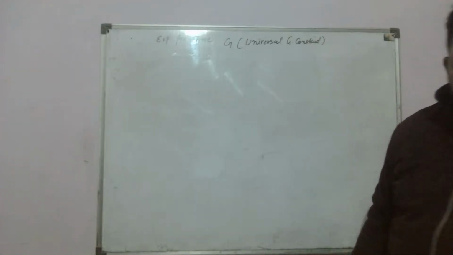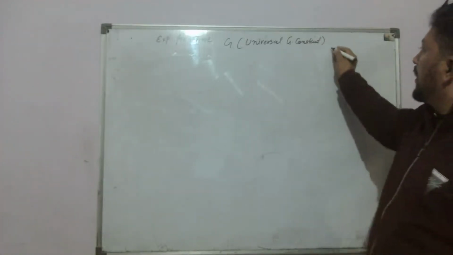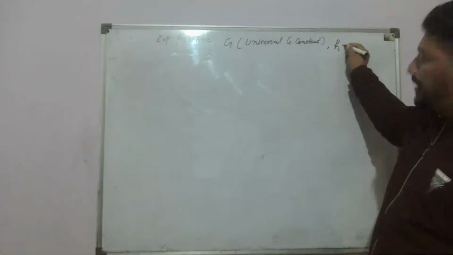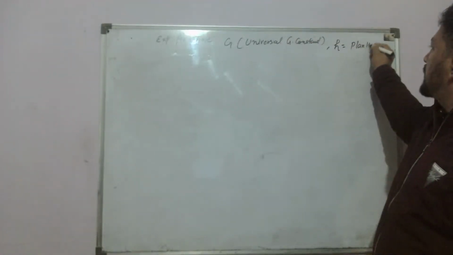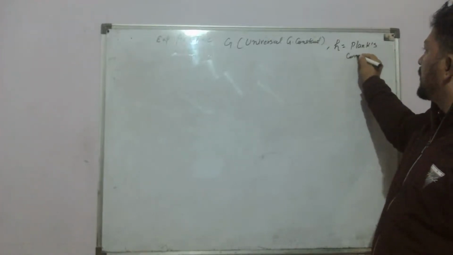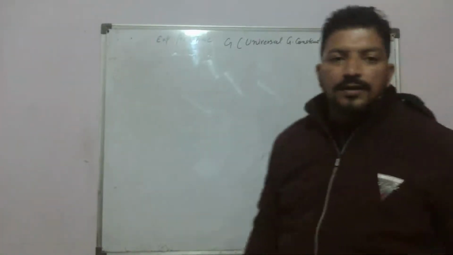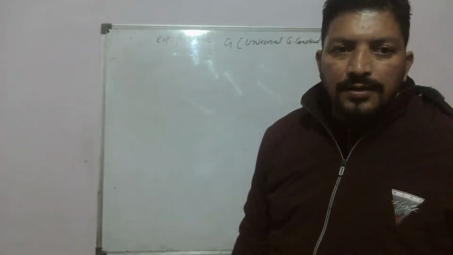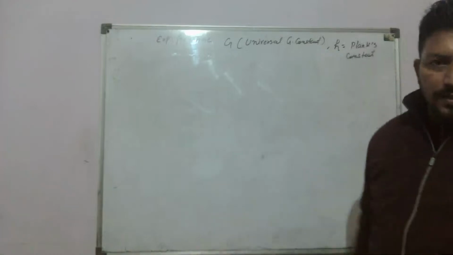So here G is the gravitational constant, and small h is Planck's constant. You know what Planck's constant is? Planck's constant is equal to energy upon frequency.